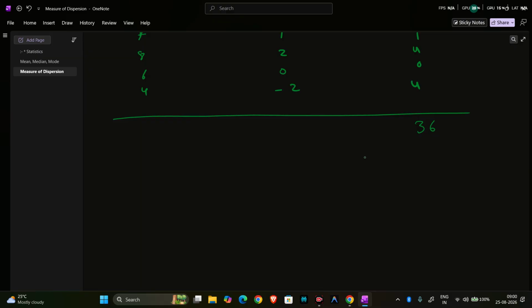Now what we have to divide? We have to divide this by the, so this is the fourth step. Okay, so now we have to divide by the n or n minus 1. So this is the fifth step. So we have 36 divided by n. This will be for sigma, right? And n, what we have? n we have 10, right?